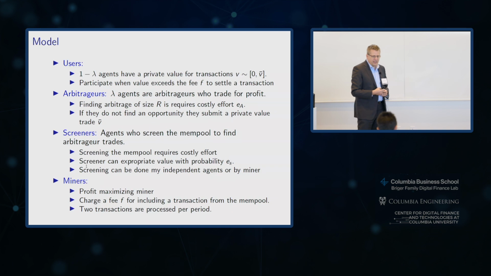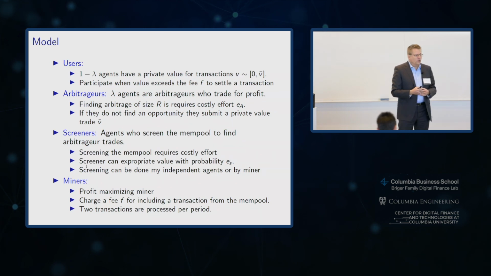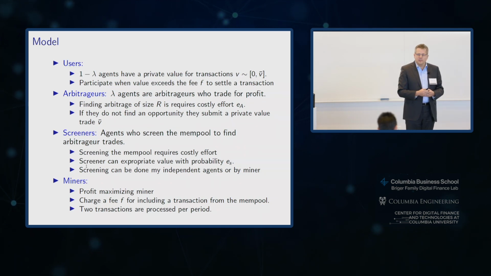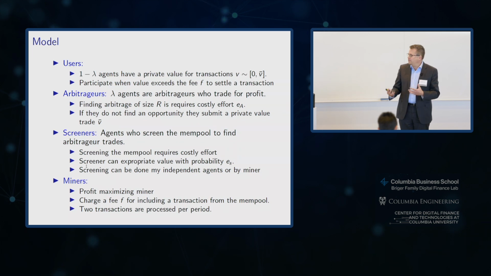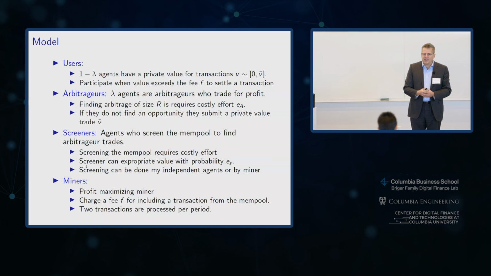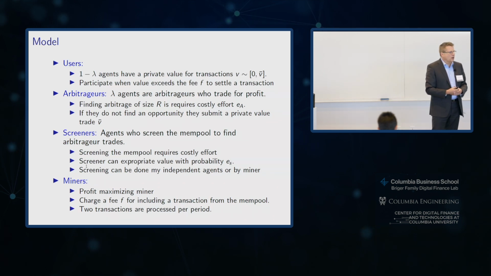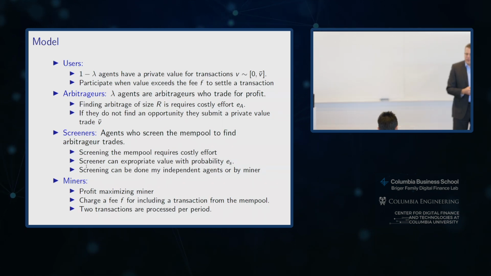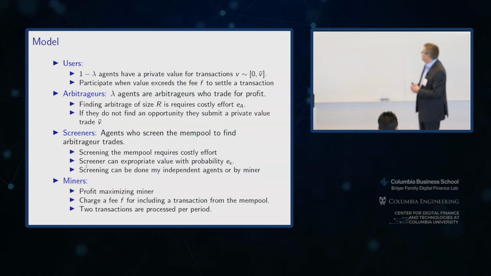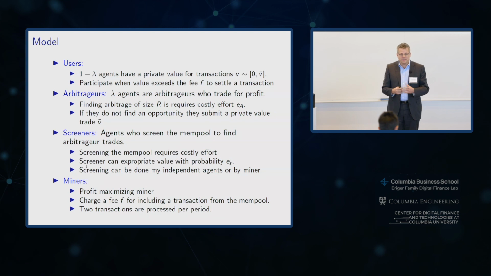A second type of agent are arbitrageurs, who can find potential trading opportunities. They have to invest some effort to find these trades in the 8 seconds that they have. There's some costly effort, and then they can find this arbitrage opportunity and submit it to the mempool or to the private market.